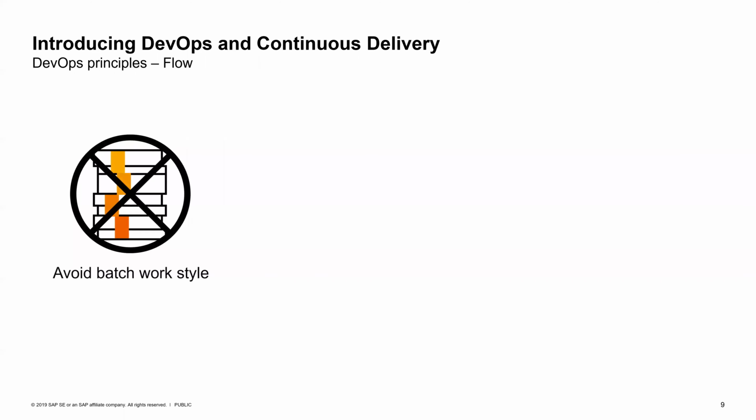Regarding the DevOps principle of flow, I want to get into the difference between batch style work and the flow principle. Many of you are probably aware of the waterfall model that has been there for decades in software development. There are variations of it, but essentially it's all the same.